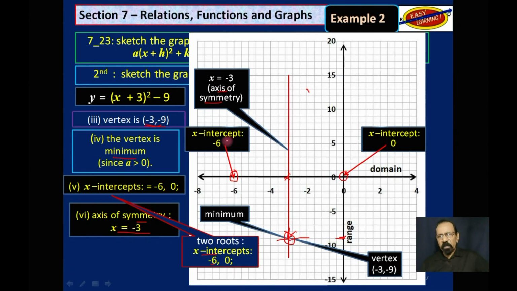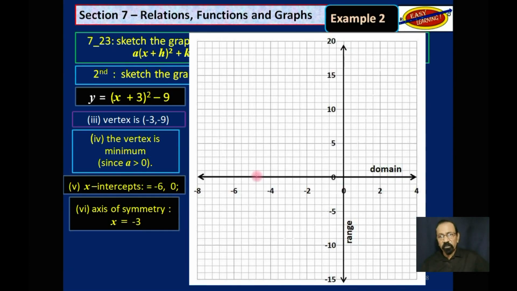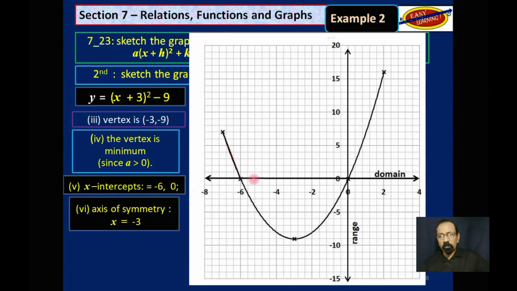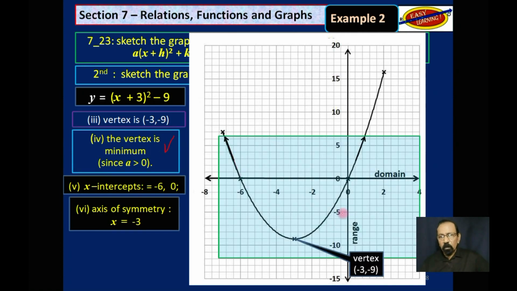Can you imagine a graph coming down here, past that point, coming down here, turning at that point there, turning up here, and going up like that. Now let's sketch a graph, which would look something like this. Let's double check that the graph meets all the requirements that we had over here. We know the vertex is down here, negative 3, negative 9.